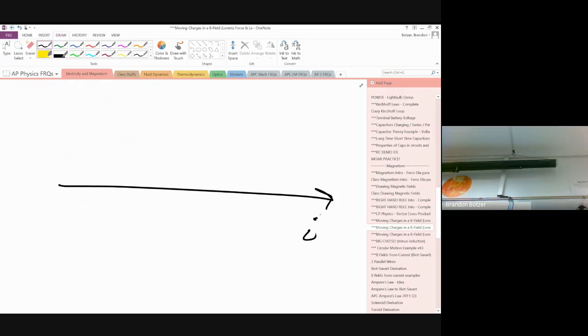Anybody want to posit a guess? You can guess a lot of different things, and if you're right, you will be a hero. Gio, random guess. This current is acting to the right. This current, because they're moving charges, will generate a B field. What direction do you think the B field will be pointing?